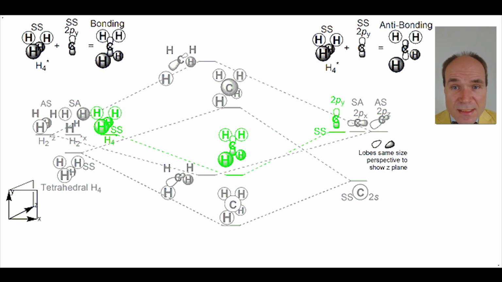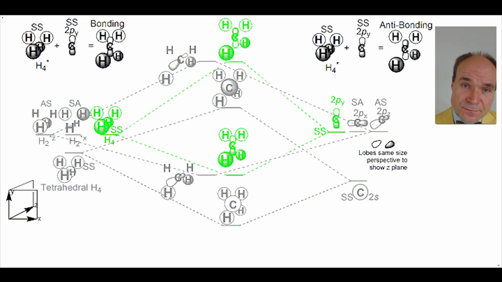And what we now can see is that all the bonding interactions turn into anti-bonding interactions, and we're looking at the anti-bonding orbital now. Notice that this SS case produces bonding orbitals that have the same energy as the AS case, and also anti-bonding orbitals that have the same energy as the AS case with respect to anti-bonding orbital. They are degenerate with each other.